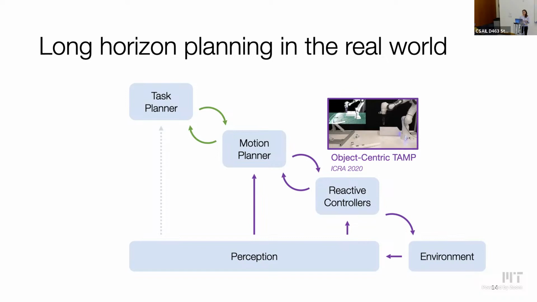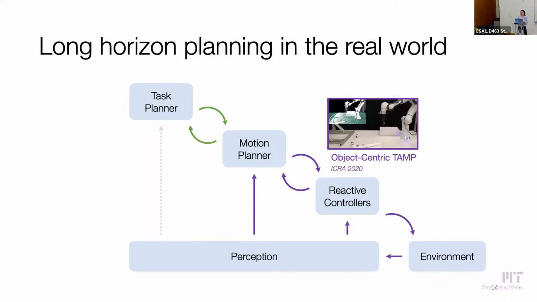Okay, but while the reactive controllers are executing this plan, we would still want to continue running TAMP in the background and output new TAMP plans whenever we can and handle larger changes in the environment, such as when, for example, a block slips out of the hand and ends up back on the table and needs to be regressed. So we need a task planner to come up with a new plan to recover from such failures.